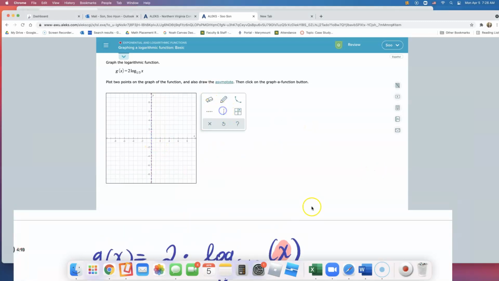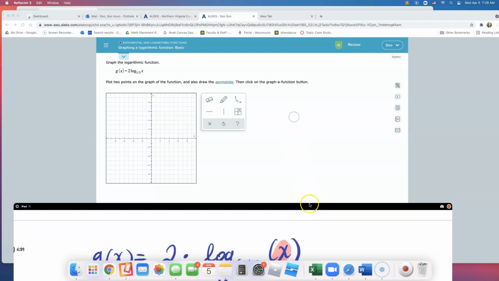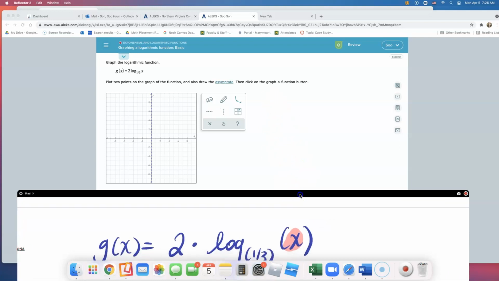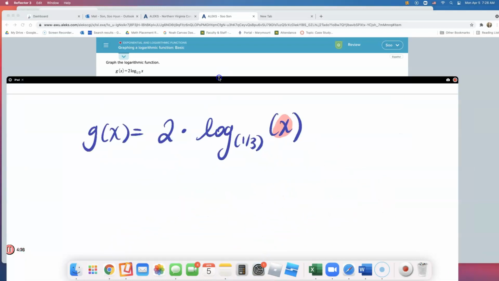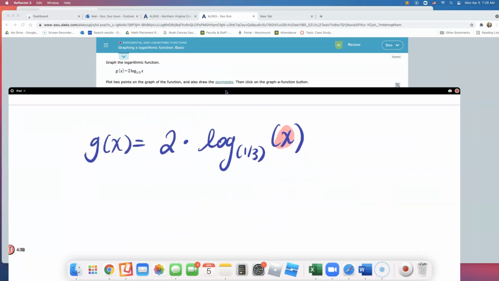How do you know the asymptote is somewhere other than x equals 0? If this x that I highlighted in red was like x plus 5 or x minus 3, then it would have a vertical asymptote other than x equals 0. But because the argument is just x, the vertical asymptote is x equals 0.